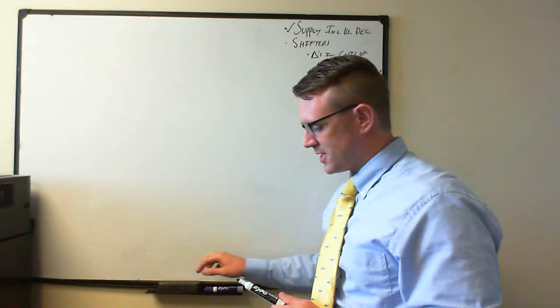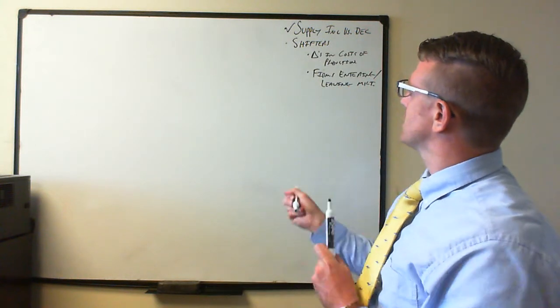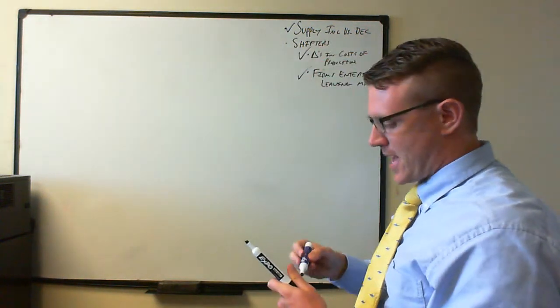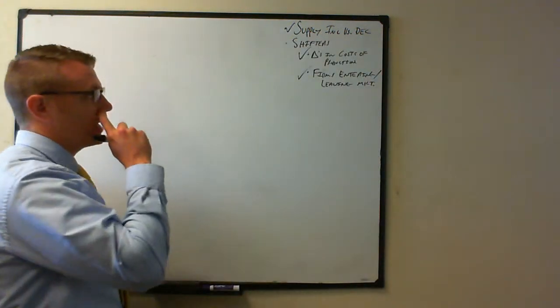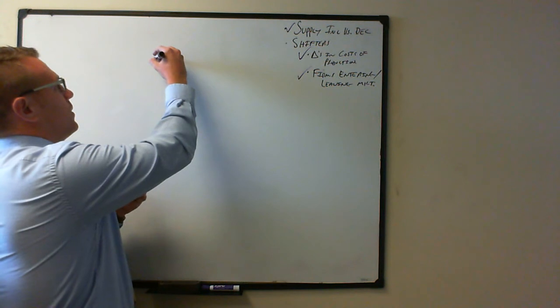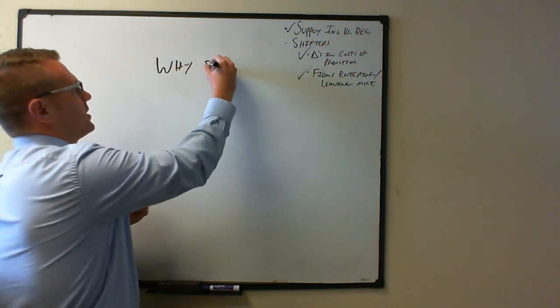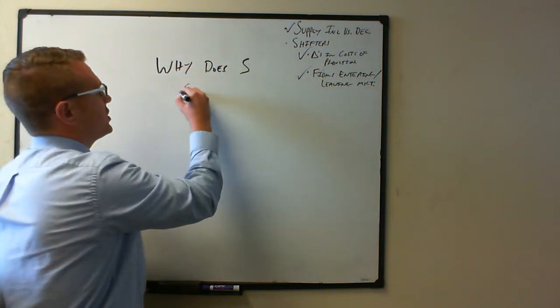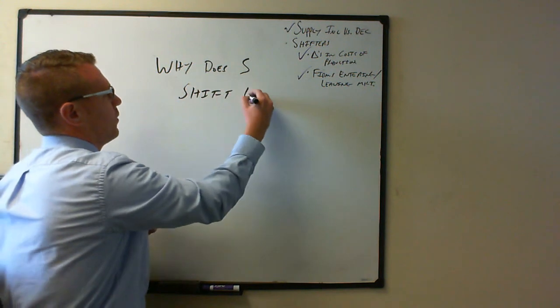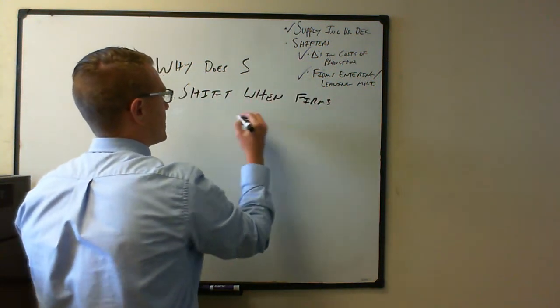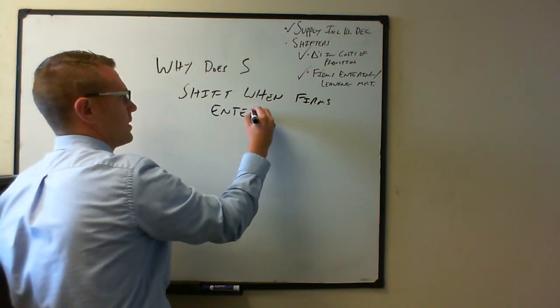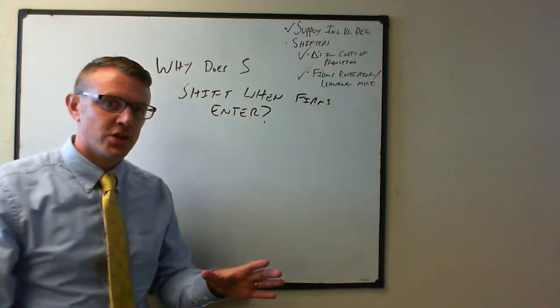Another thing we'll learn, especially later on when we study firms in bigger detail, is that another shifter is firms entering and leaving the market. And so, why does supply shift when firms enter? Well, think about the demand curve.